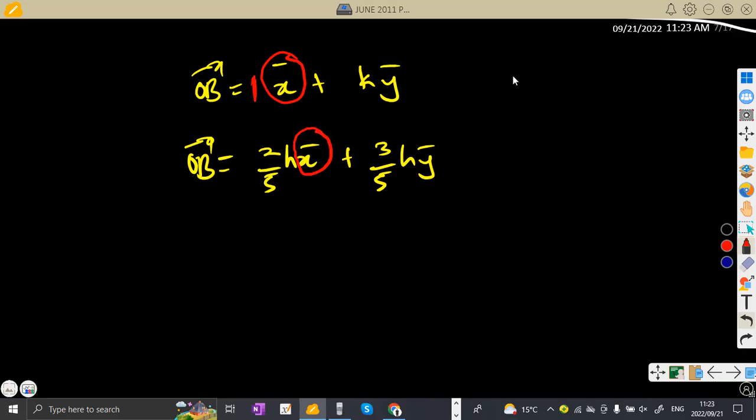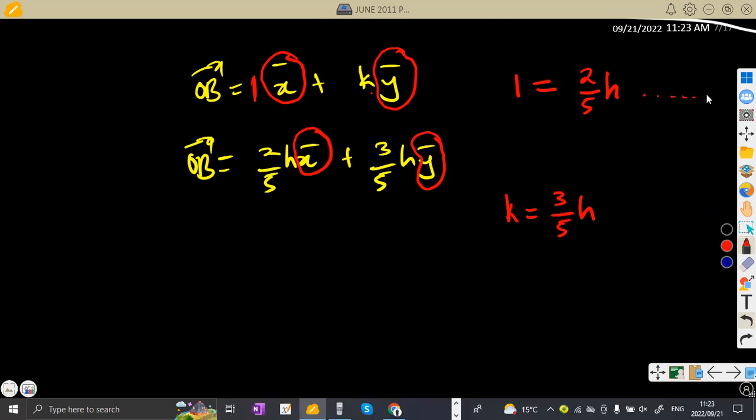So we've got an equation: 1 is equal to 2 over 5h. Now we move on to vector y. If we remove vector y, we are left with k. So k is equal to 3 over 5h. These are the two equations that you're going to have.